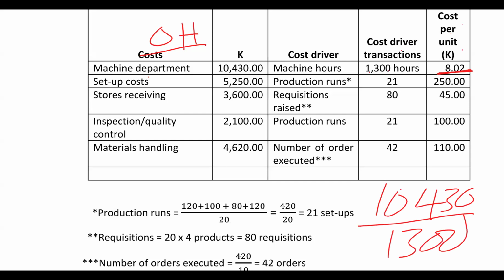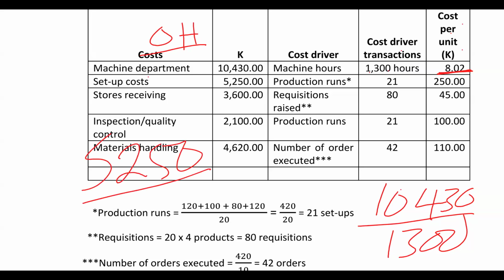Another activity is setup. So for setting up, we need setup costs. The total overhead for all the products is 5,250. But we want to allocate this to specific units, so we need to know the cost per unit.